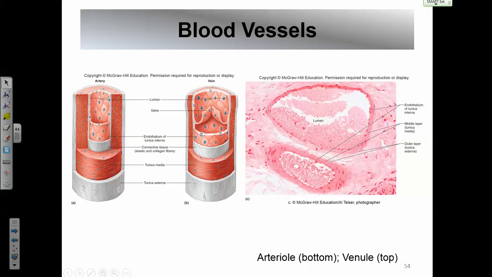Think about it. Let's compare all that blood vessel circuit, the length of it, to a garden hose, and think of the faucet end of the hose. That would be the proximal end, and then the distal end where the water comes out of the hose. All right, where's the water pressure the highest? At the faucet or at the distal end of the hose? At the faucet.